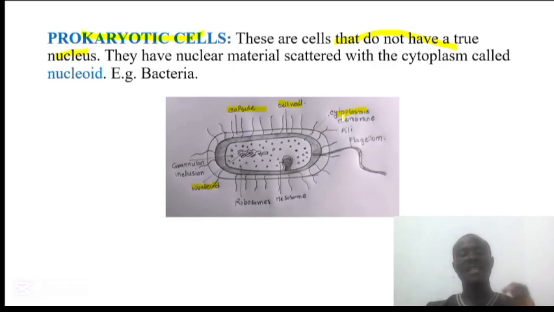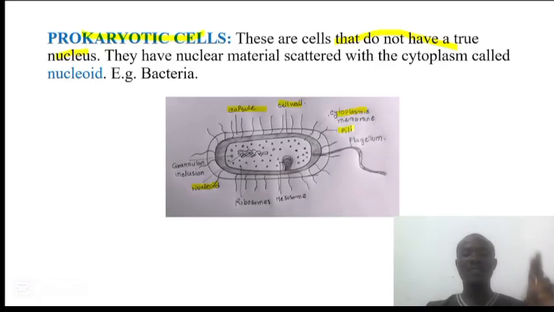That means the cell wall can allow all substances to pass through. But with the cytoplasmic membrane, not all substances are allowed to pass through. Some will be allowed to pass if they are needed by the bacterial cell, and some will not be allowed to pass.